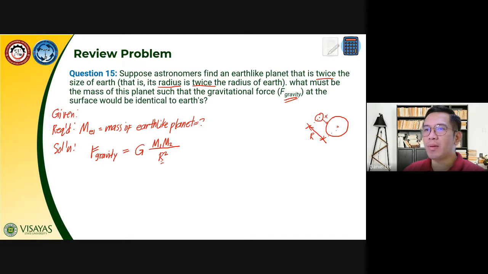So, from the problem, it says that the force of gravity for both of those planets, the planet Earth and the Earth-like planet, should be the same, or identical, gravitational force.